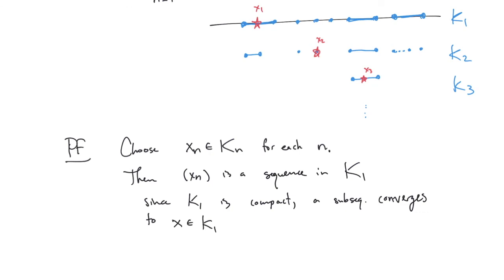I will have you notice, check it out. What if I look at this sequence, but I start looking only at x2, not starting from the first point, but just starting from the second point? Well, it's still the same sequence, so it still has a subsequence which converges to x.